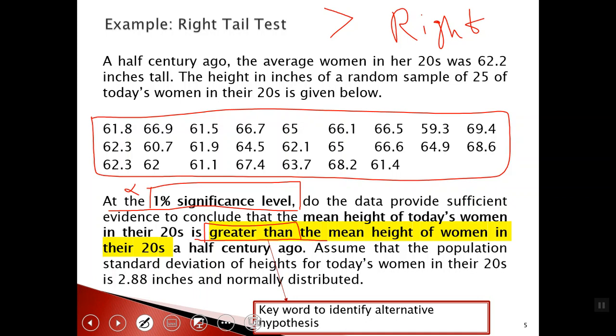So you have to use the right tail. I have mentioned here the keyword to identify the alternative hypothesis, so this greater than keyword goes to your alternative hypothesis. They have given 62.2, so this is your mu naught. You know alpha, and you know the alternative hypothesis.